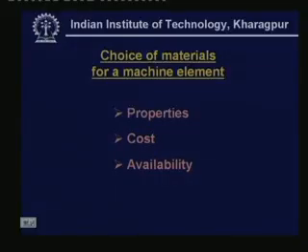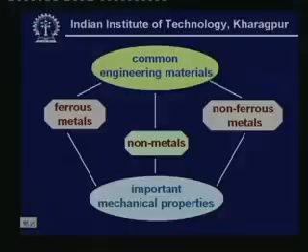So, to summarize this idea, we have to choose a proper material for machine design, looking into the aspect of properties, costs and availability. Next, you can look at this particular slide, which defines common engineering materials.